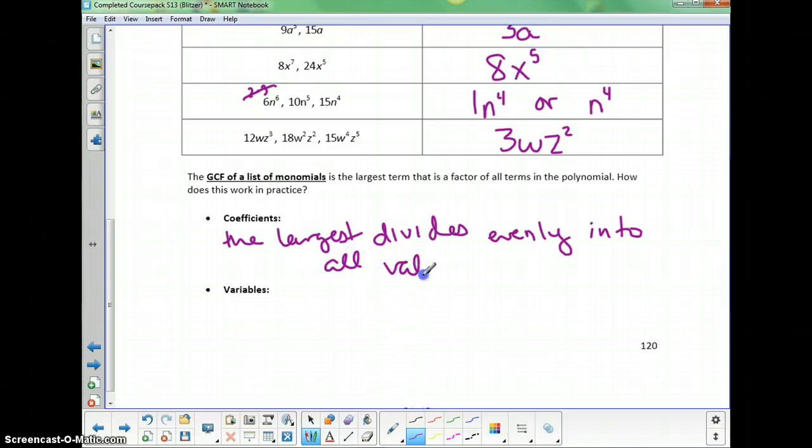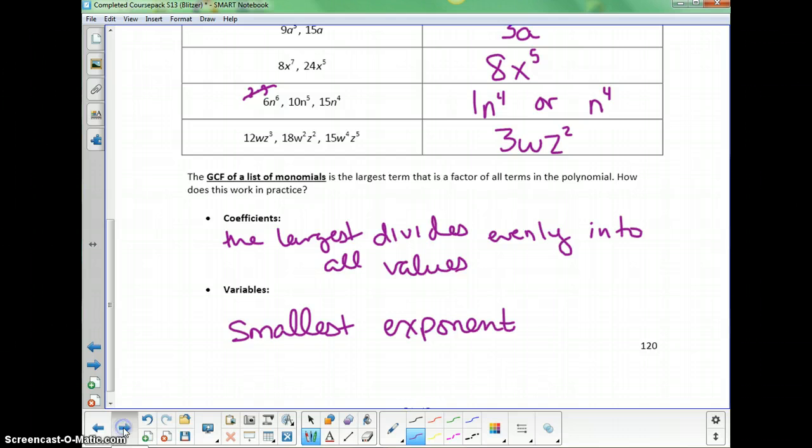And when I'm looking at the variables, it's always going to be the smallest exponent. By choosing the smallest exponent, that's going to be the largest variable that divides into all of the variable components.